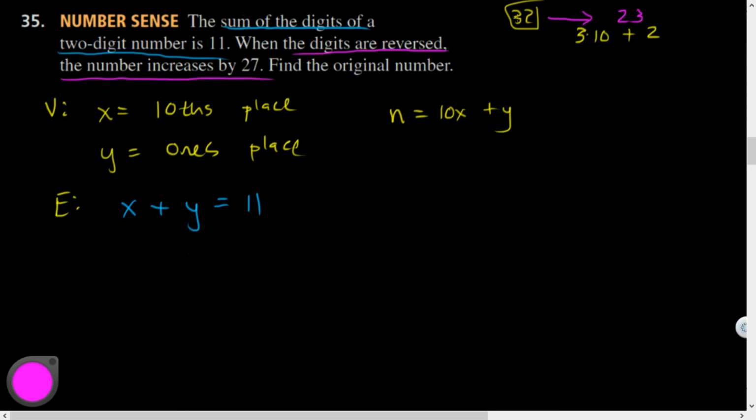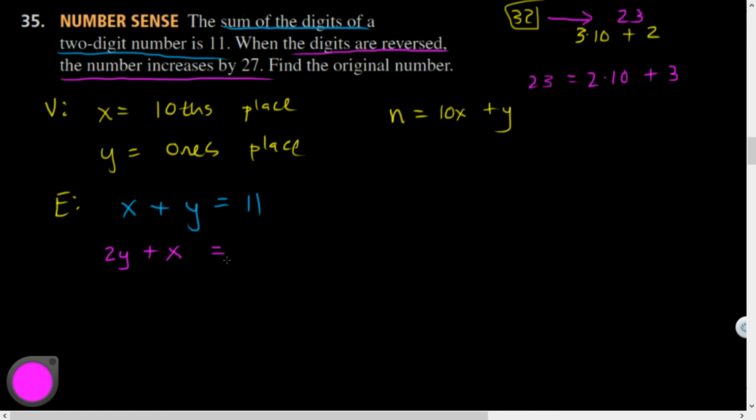That's what they mean by reversing the digits. 23 would be 2 times 10 plus 3. 2 times 10 is the 20 part, and the 3 is the ones part. So if the digits are reversed, I would say 2y plus x.